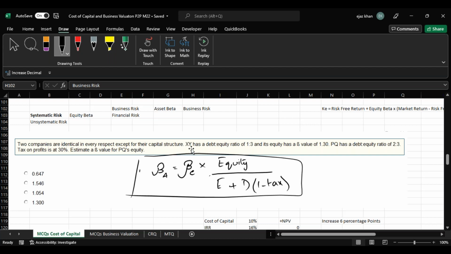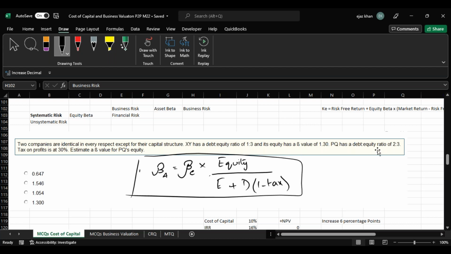Now company XY has a debt to equity ratio of 1:3, which means that they have 3 times equity as compared to their debts, and its equity beta value is 1.3. This equity beta of company XY not only shows the business risk of this company, but also the financial risk.